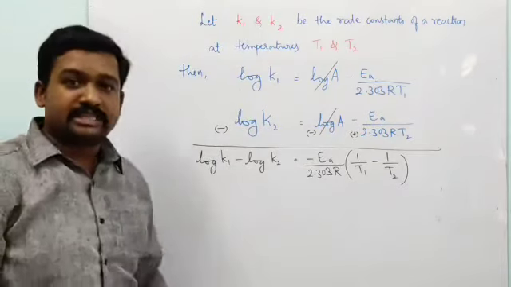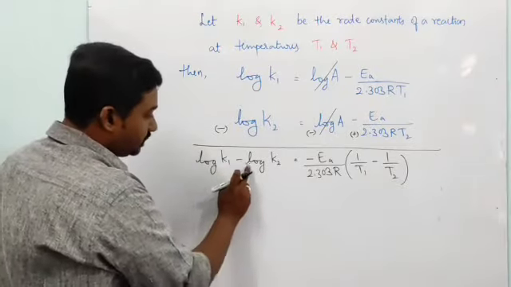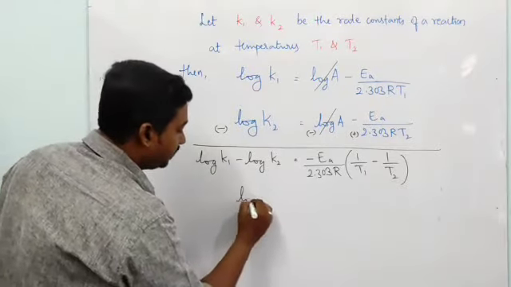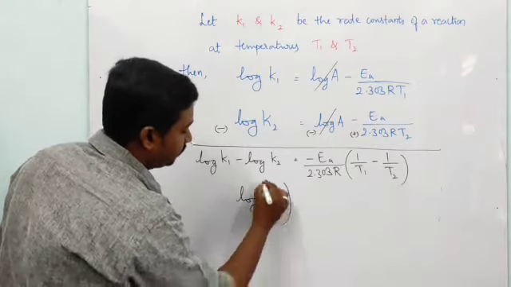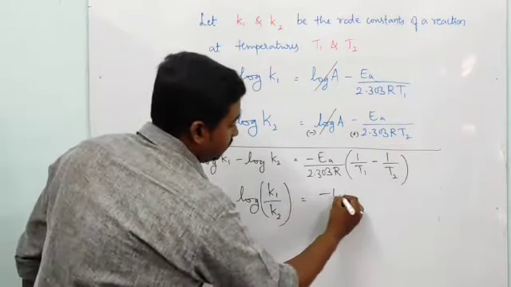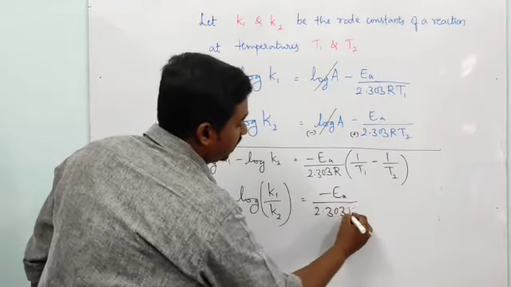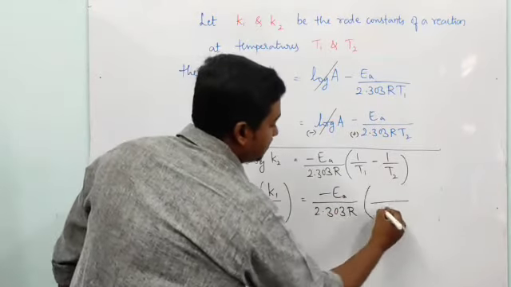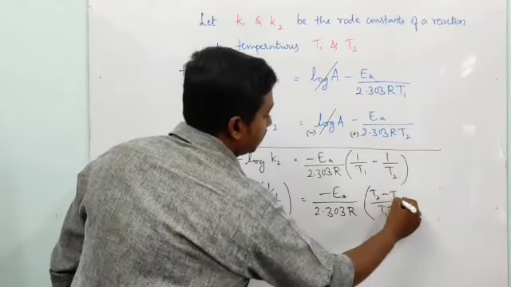So everything is correct. I can reduce one more step here. Log k1 minus log k2 can be written as log of k1 by k2, log A minus log B formula, which is equal to minus Ea by 2.303 R into, take LCM T1 T2, and here it becomes T2 minus T1.